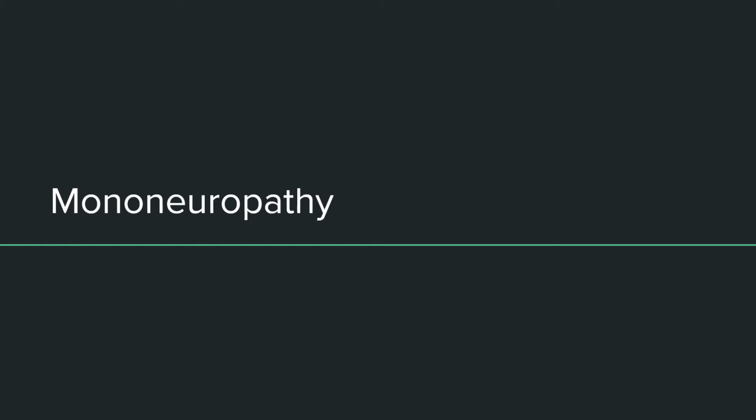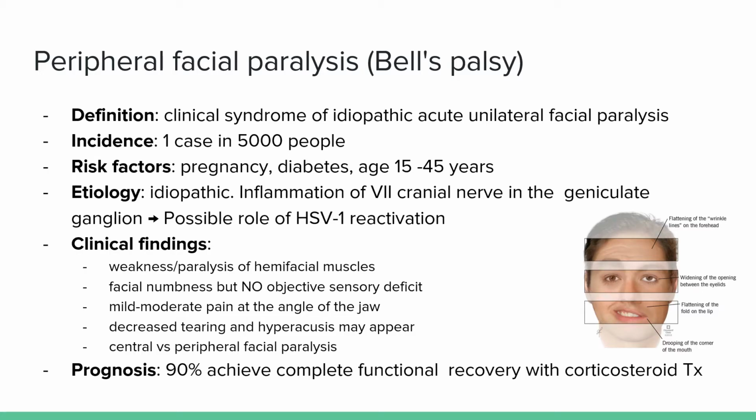Mononeuropathy. Peripheral facial paralysis, also known as Bell's palsy, is a clinical syndrome of idiopathic acute unilateral facial paralysis with an incidence of 1 case in 5,000 people. Some of the risk factors for this disease are pregnancy and diabetes, and there is a major prevalence between the ages of 15 to 45 years.